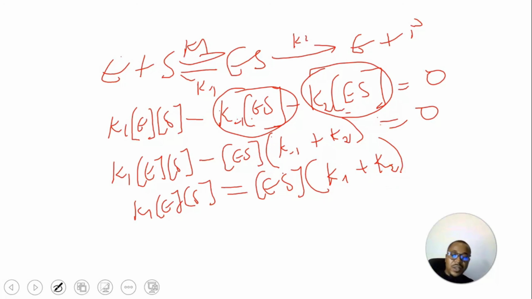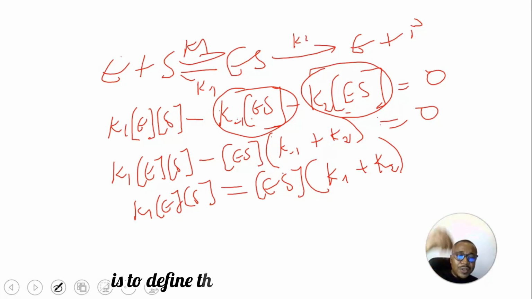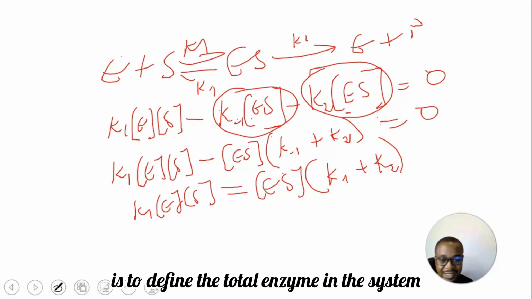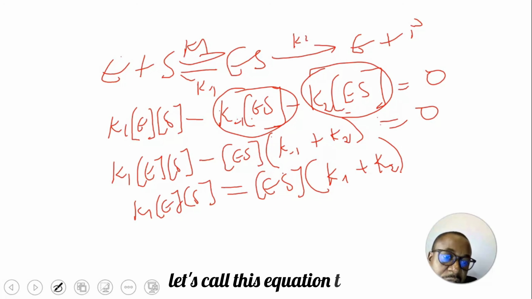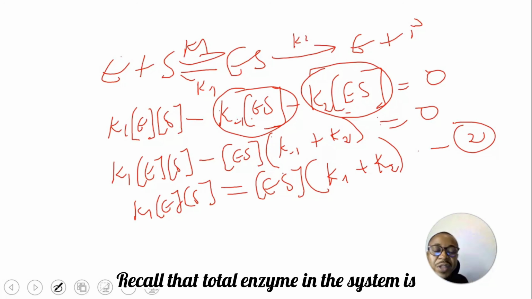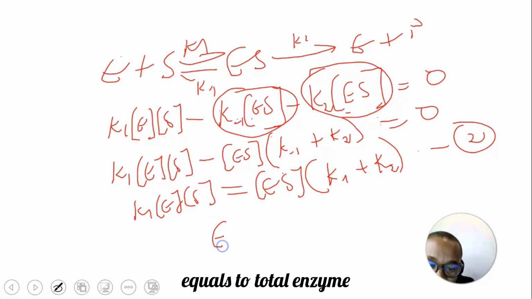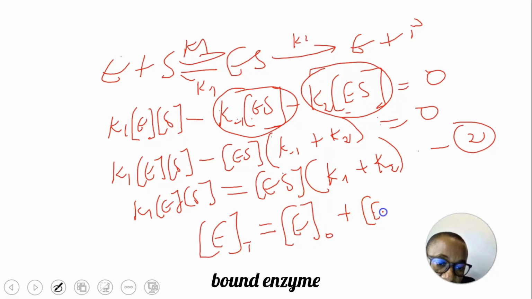We now have this. So the third step is to define the total enzyme in the system. Let's call this equation 2. Recall that the total enzyme in the system is equal to free enzyme plus bound enzyme.